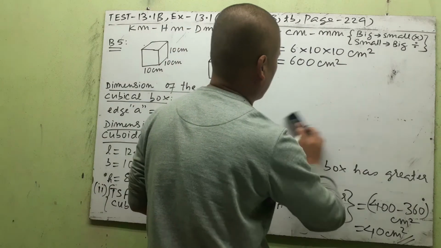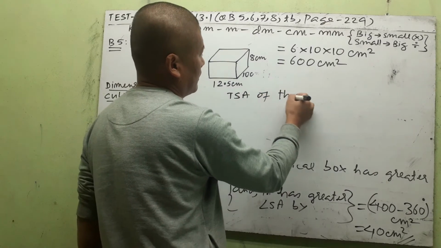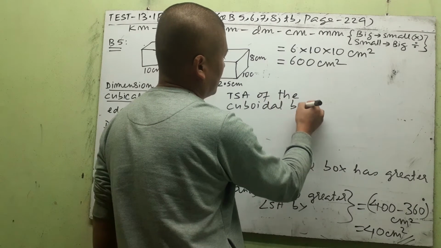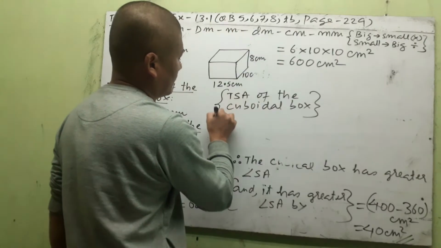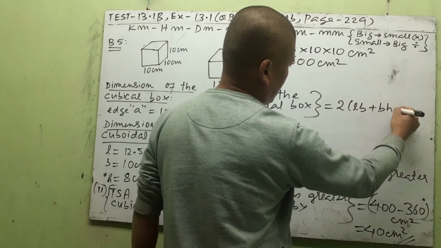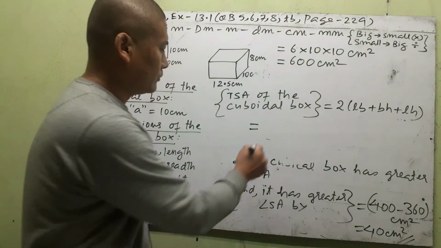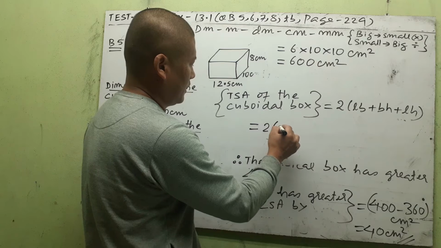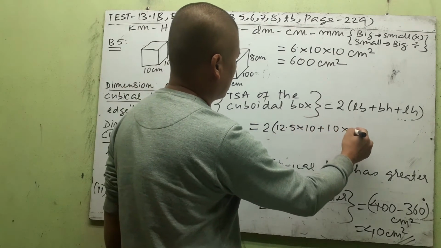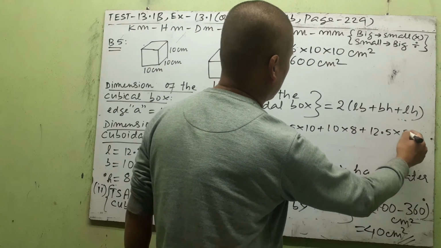And then right here, total surface area of the cuboidal box. We know the cuboid formula is 2 into lb plus bh plus lh. We know this from the first class. So 2 into l, 12.5 into b, 10, plus b into h, so 10 into 8, plus l into h, so 12.5 into 8.